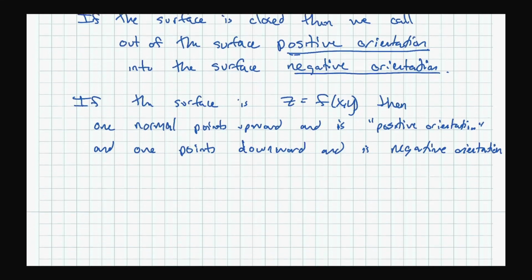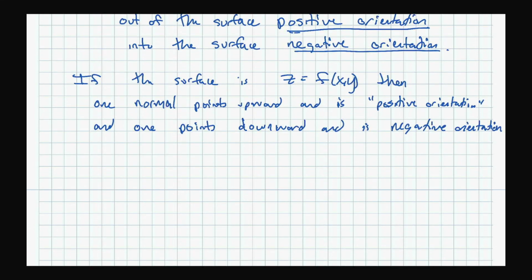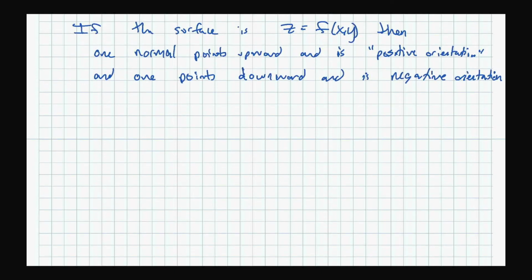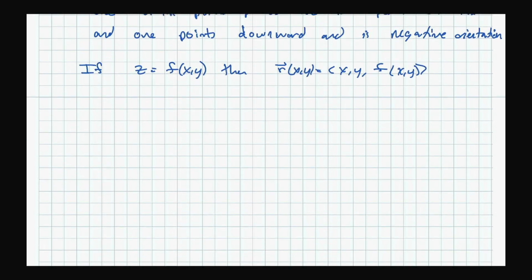Okay. Also, though, in this particular case where z equals f of x y, actually you can simplify your normal calculations, because if z equals f of x y, then your parameterization r of x y could just simply be x, y, f of x y. So that's your parameterization, and then your tx can be calculated to be 1, 0, whatever the partial with respect to x is.